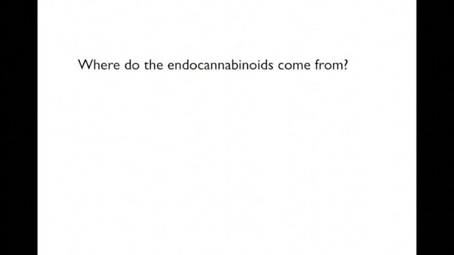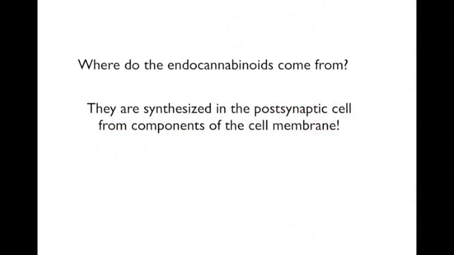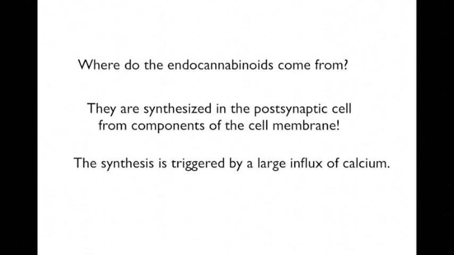But where do the endocannabinoids come from? And now comes the real surprise. They are synthesized in the postsynaptic cell from components of the cell membrane. The synthesis, indeed, is triggered by our old friend calcium.